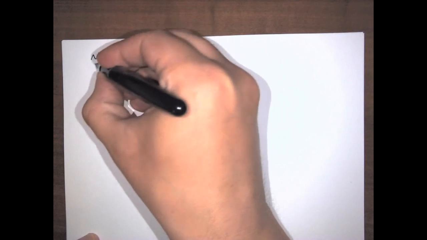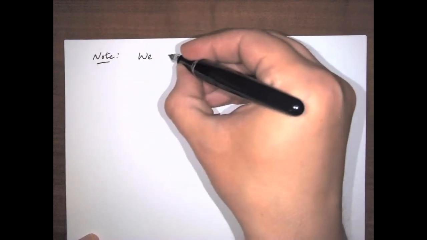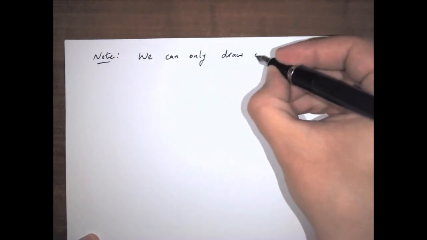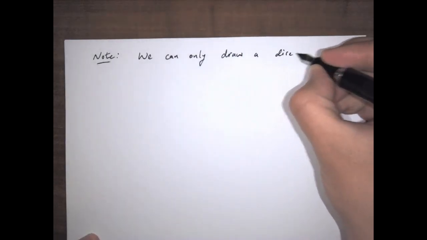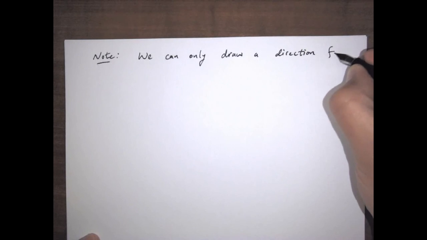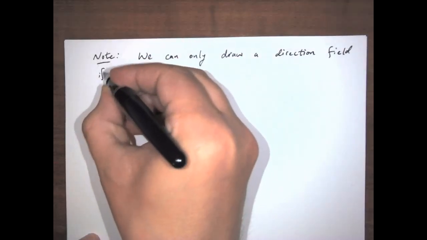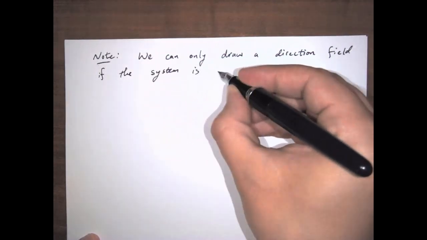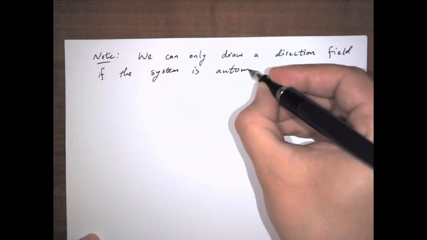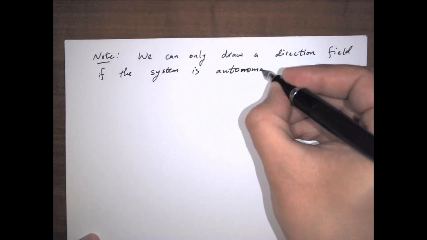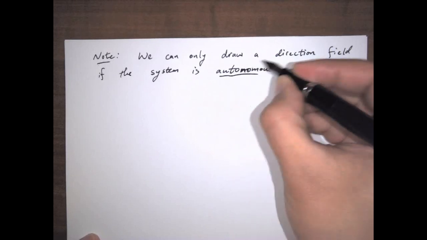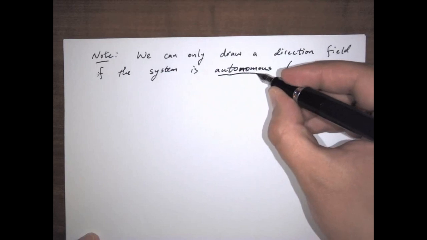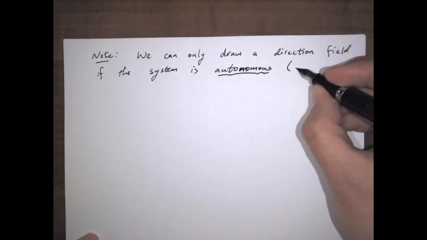Note: we can only draw a direction field if the system is what is called autonomous, and this means that there is no occurrence of t on the right-hand side of these differential equations.